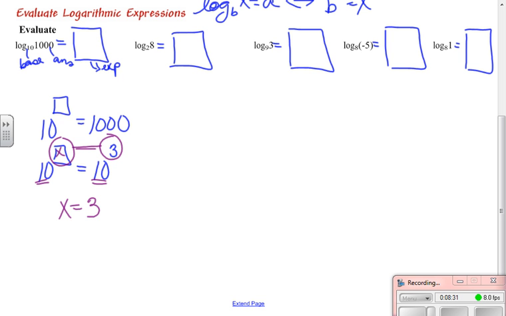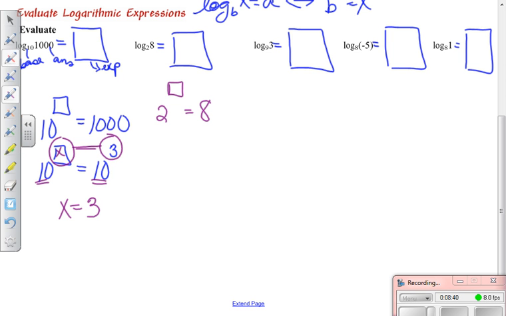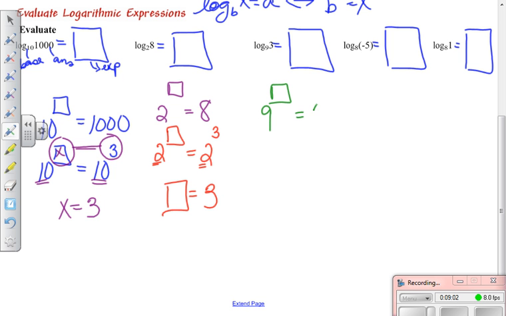In this one, if I think about 2 to what power would equal 8, I could rewrite 8 as 2 to the third power. So I know my missing variable is 3, because I use the rule from 10.1, like bases equal exponents. So here, 9 to what power equals 3?